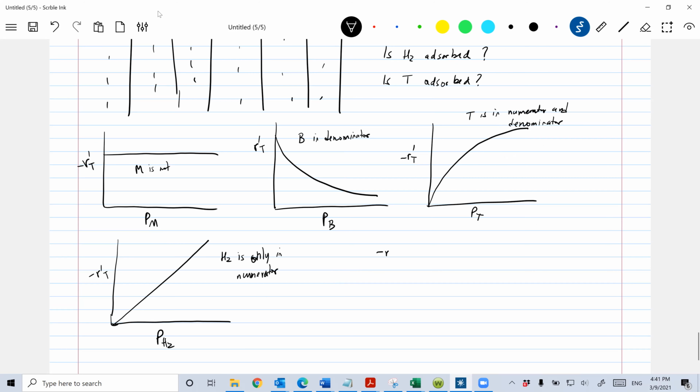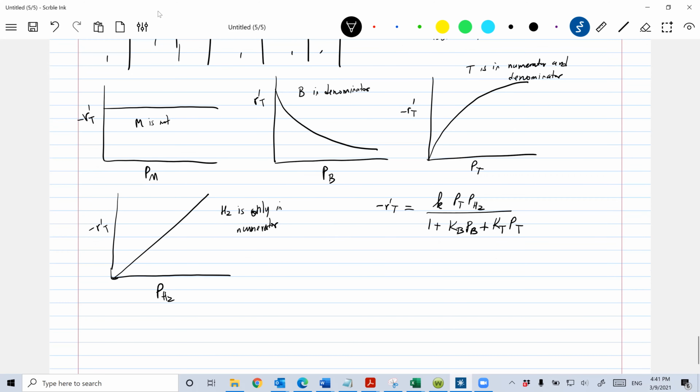So that means your rate could look like this. It could also look like this.